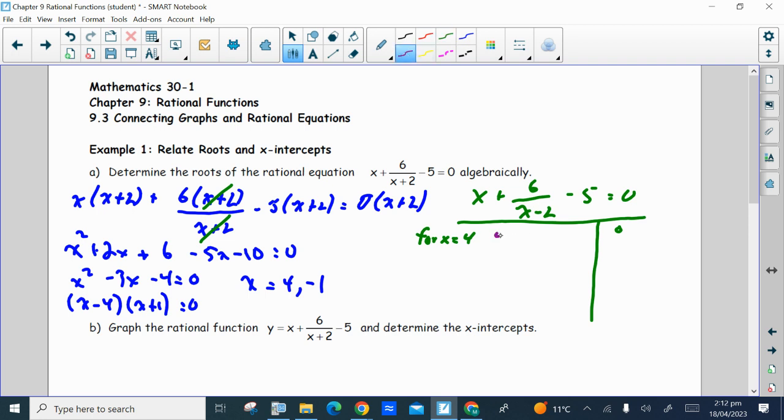You'll have 4 plus 6 over 4 minus 2, take away 5. 4 take away 2 is 2. 6 divided by 2 is 3.